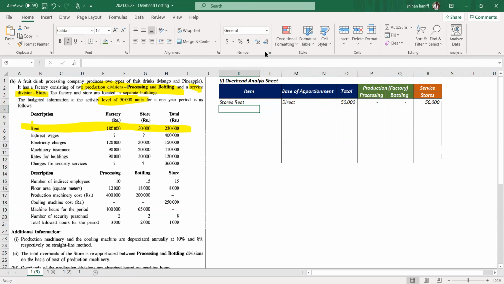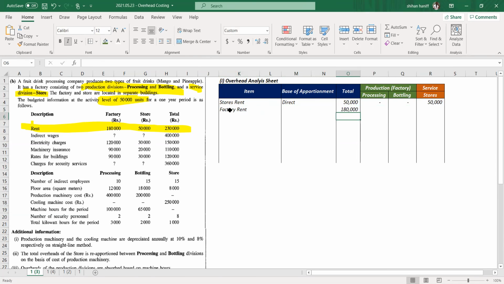Then the factory rent. Total 180,000. What is the basis to divide the factory rent for processing and bottling? How much is for processing?